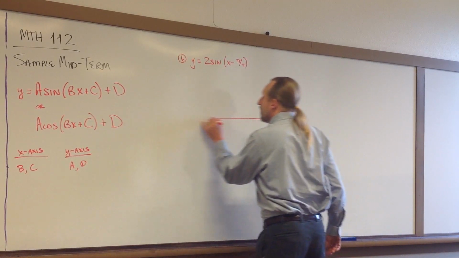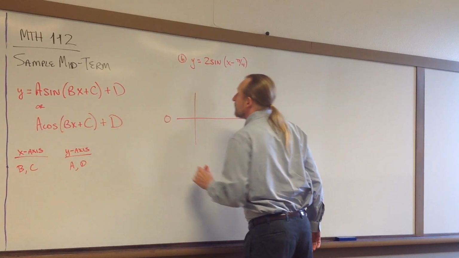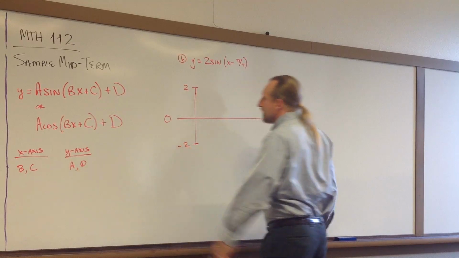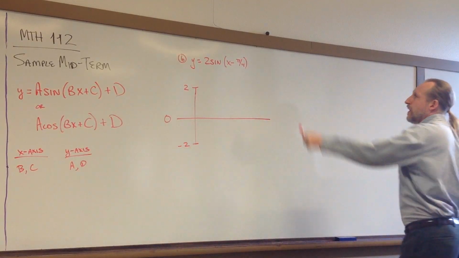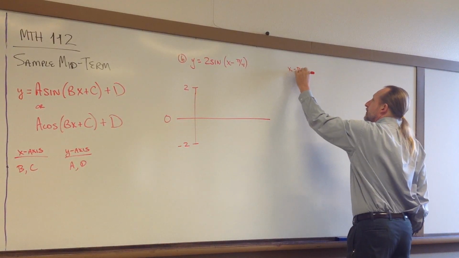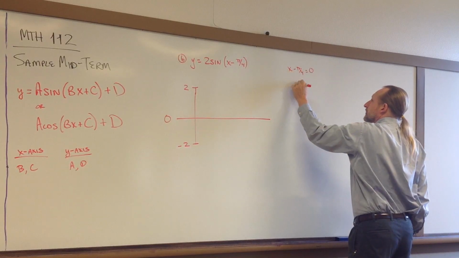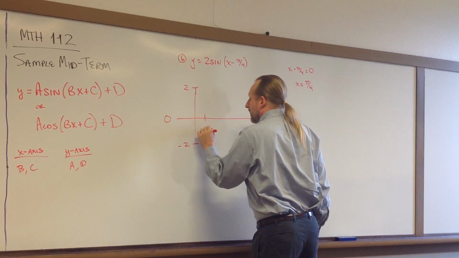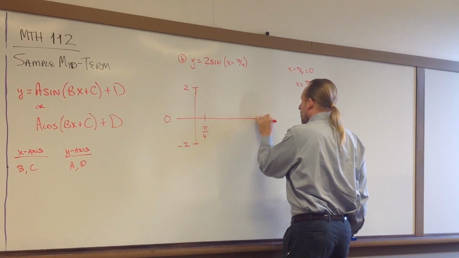Okay, so that means that this will start at 0. The maximum there will be 2. The minimum will be negative 2. Our phase shift is going to be pi over 4, right? Our new starting point will be positive pi over 4.